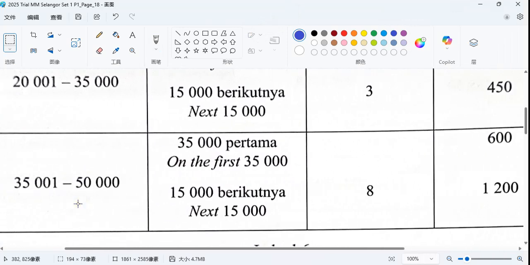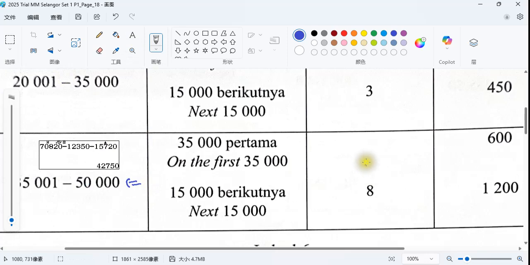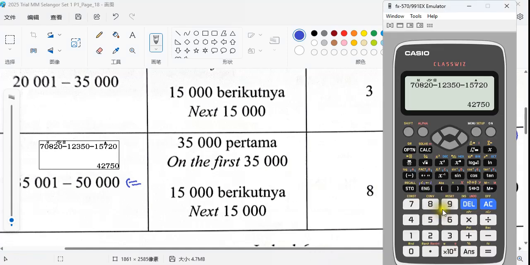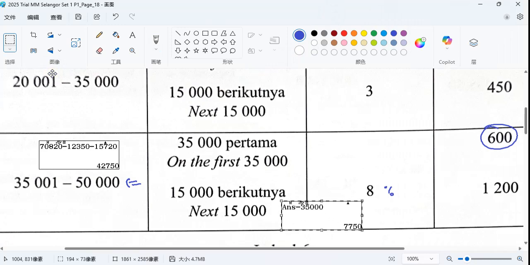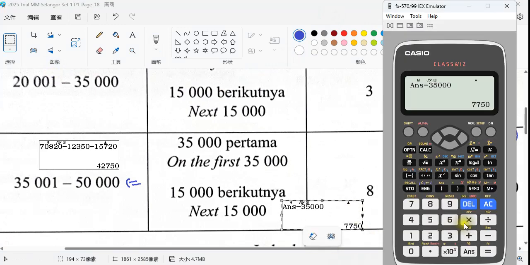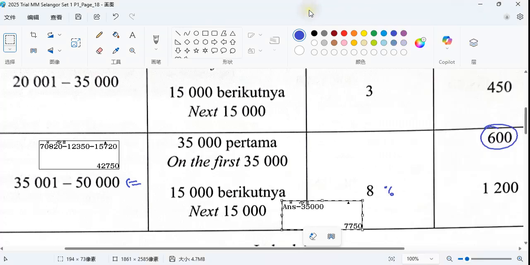So it's 42,750. This one falls in this category, so the 600 and the rest is 8%. So we have this minus 35,000, which is 7750 for the 8% part. So we have 600 plus 7750 times 8%, so it will be 1220.